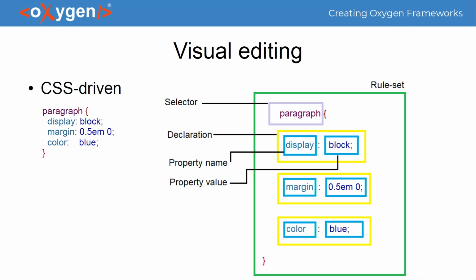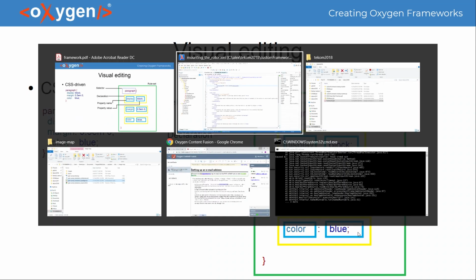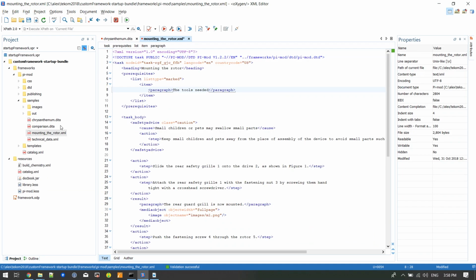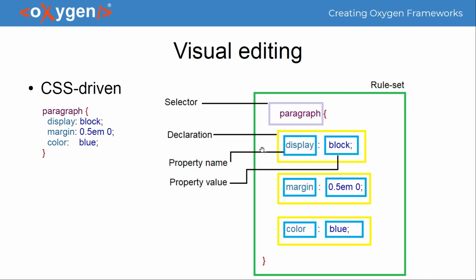Although easy to write, it could prove tedious if you have to micro-style every element from your vocabulary, like let's say how a task should be rendered, how a list, how a step, each one requiring such a rule set with maybe 5 or 10 or 15 properties.